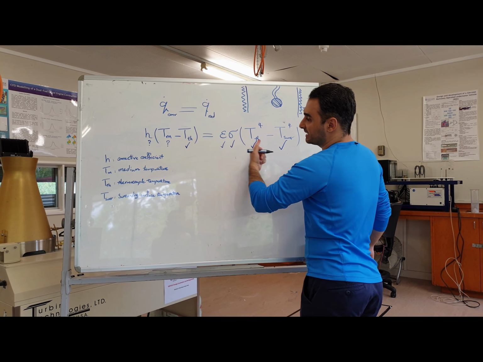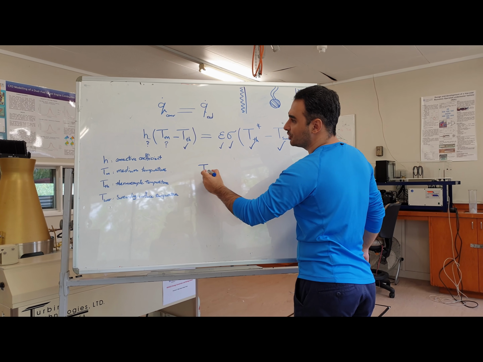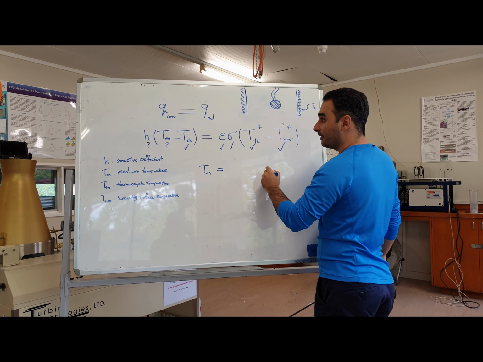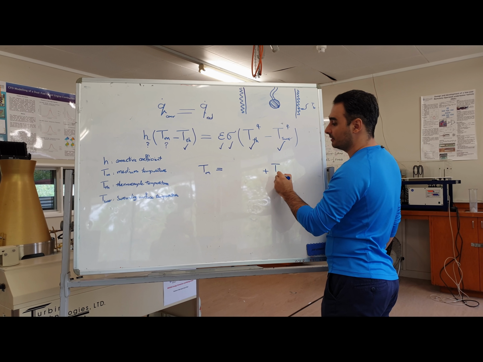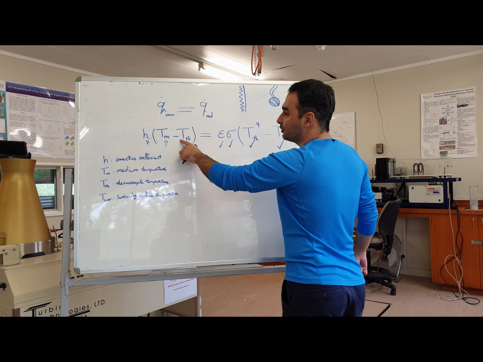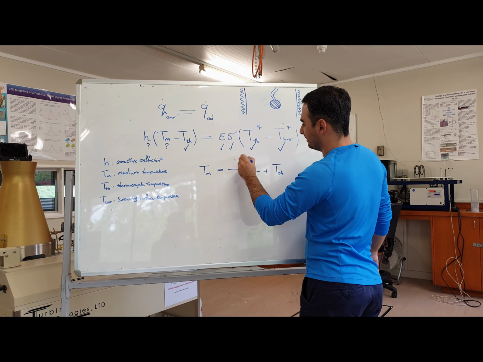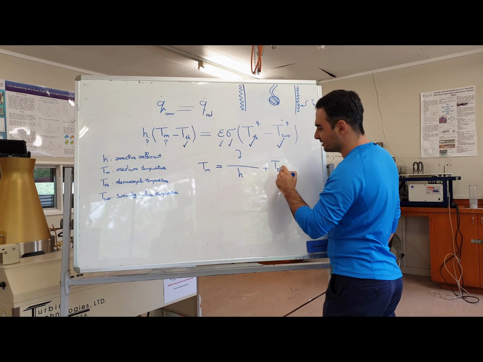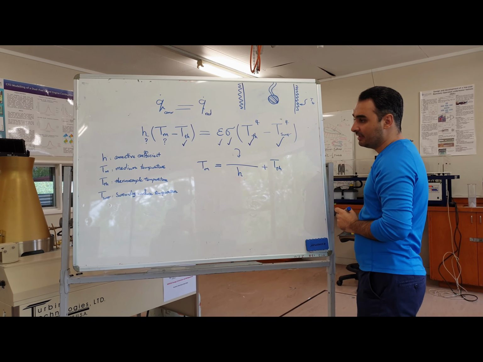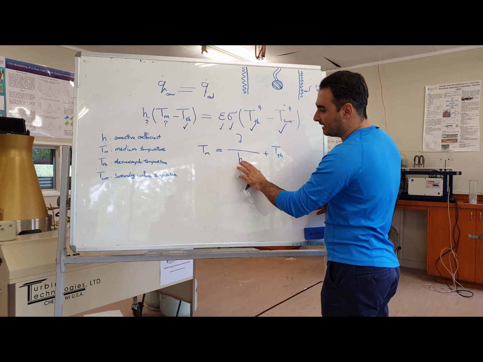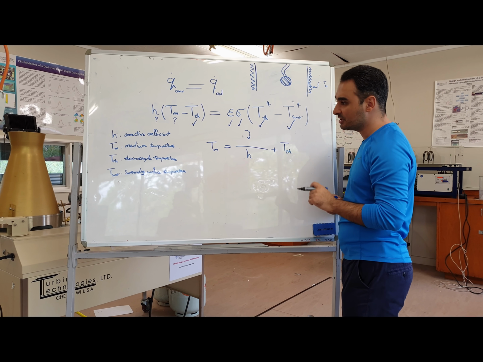So if you rearrange this formula, the formula is going to be like this: Tm equals, you divide this part by H, so that part divided by H plus something. So if you want to get Tm and you don't have H, it's going to be difficult.